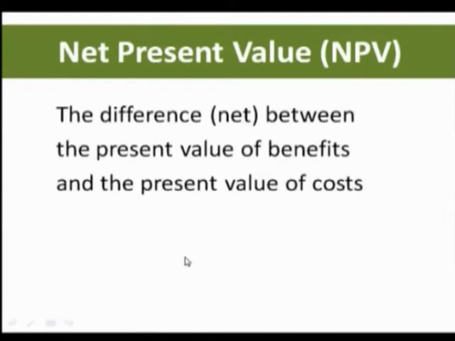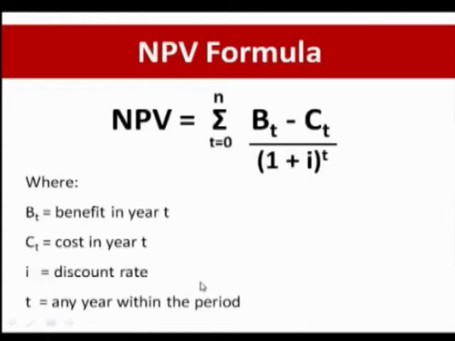Net present value, or NPV, is the difference, or net, between the present value of benefits and the present value of costs. This is the formula for NPV. Does it look Greek? It does because of this symbol, sigma, which simply means summation.